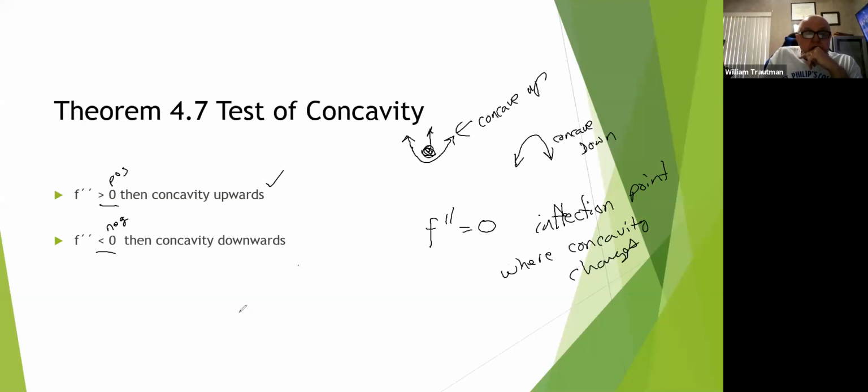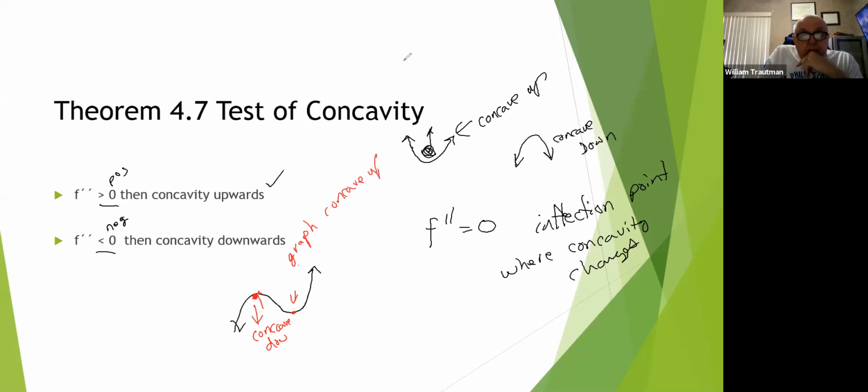So I'm just going to draw something really quick. At this point right here, the graph is concave down. At this point here, the graph is concave up.